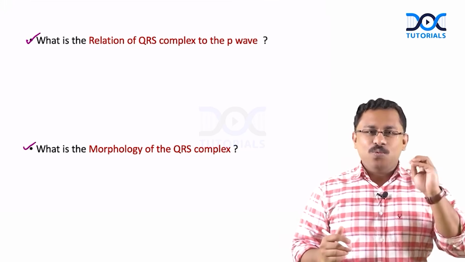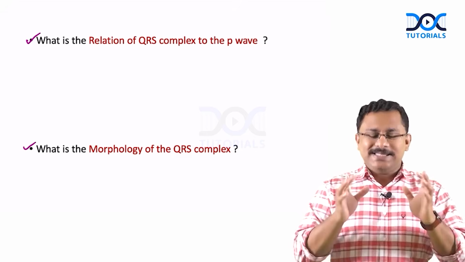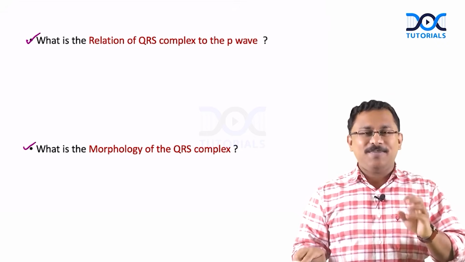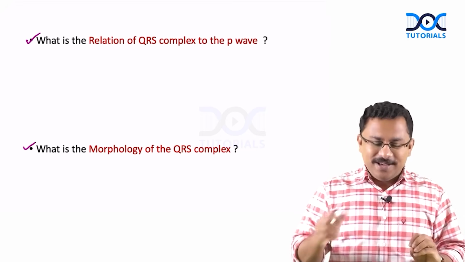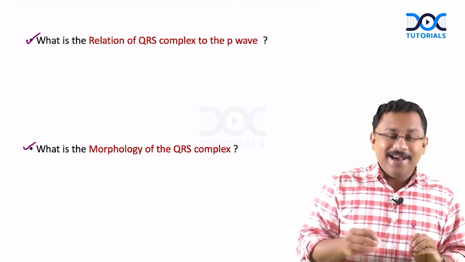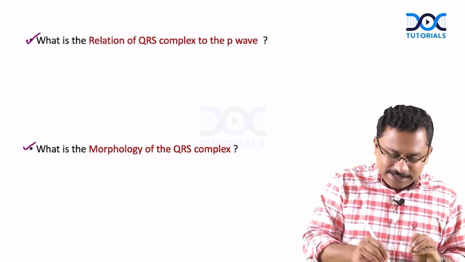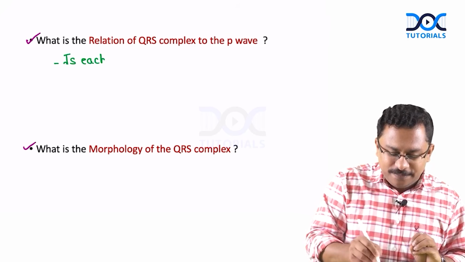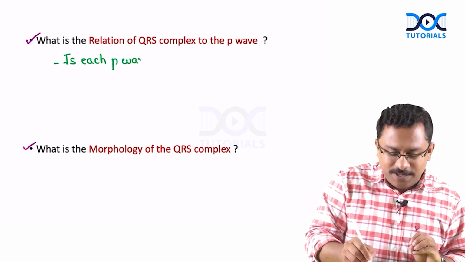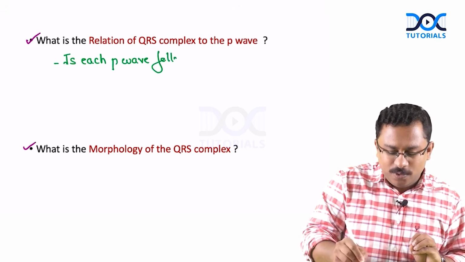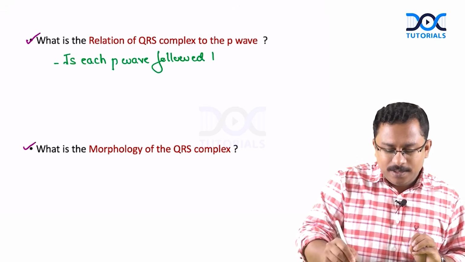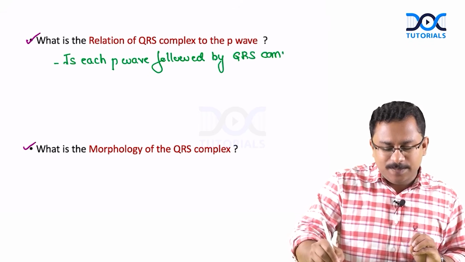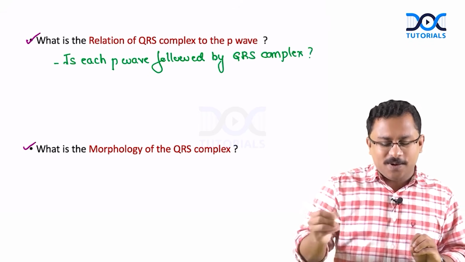Coming to question 1. Now question 1 actually has two sub-questions. The relationship between QRS and P wave, there are two sub-questions. And what are these two sub-questions? The first sub-question is, is each P wave followed by QRS complex?